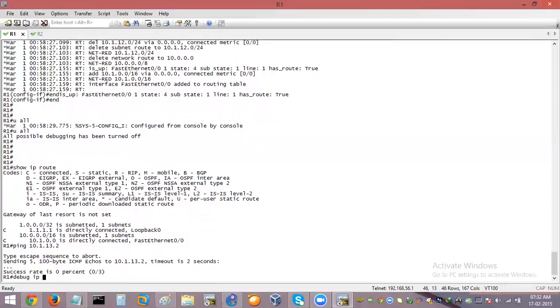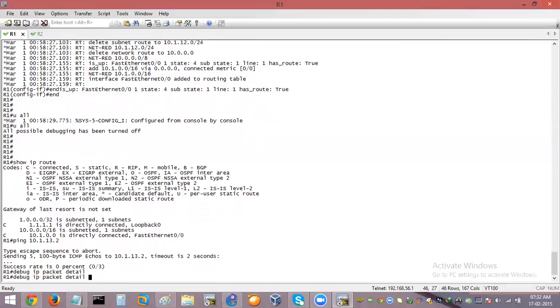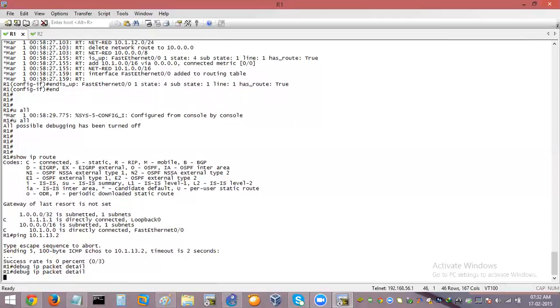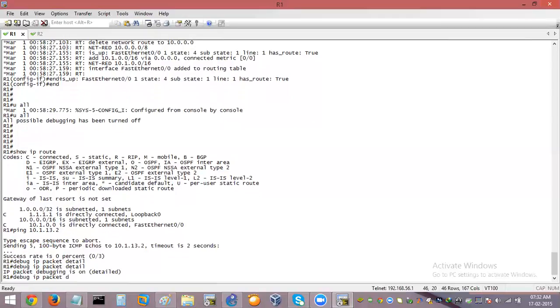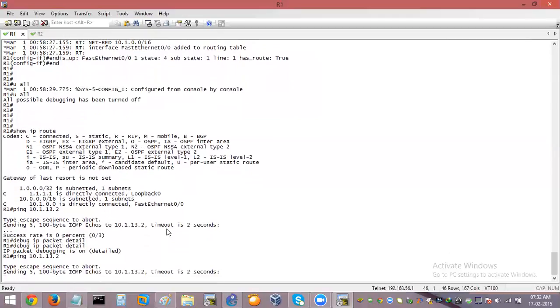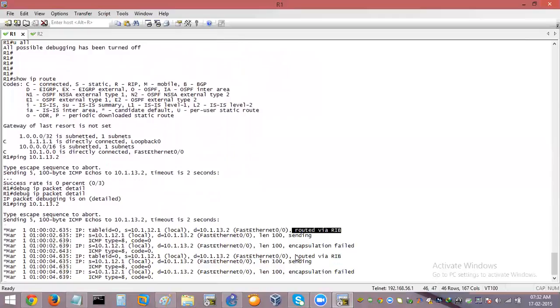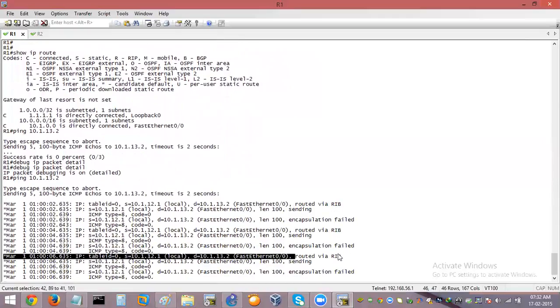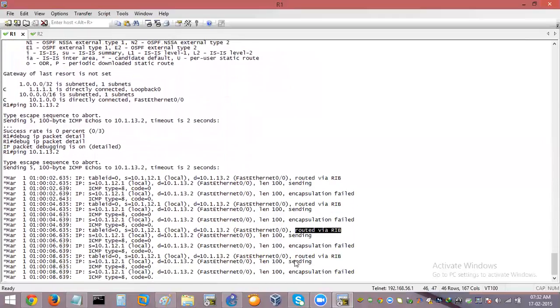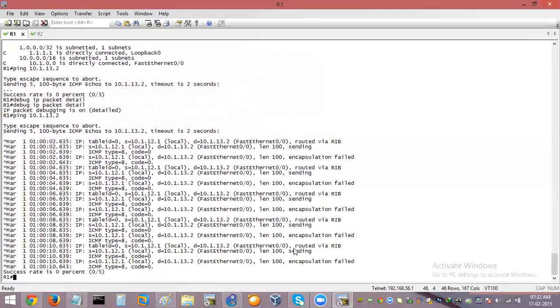If I say debug ip packet detail again, there is no device actually assigned with this IP address, but the packet will be routed out of the Fa0/0 interface. Remember, the routing will happen. We check it by making the ping again. If you check, the packet is routed via RIB, and all 5 packets are routed via RIB.